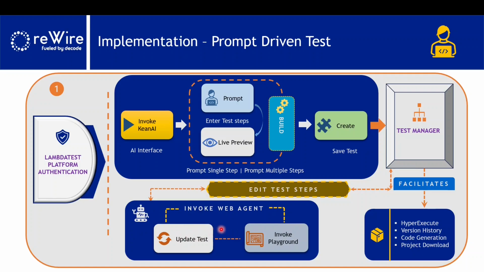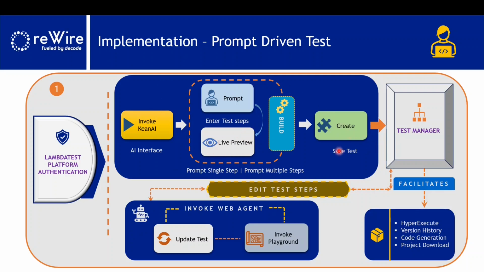I'll demo this entire process, but to make you understand the flow: it starts from the authentication, and the KaneAI interface will start, and then it will take the prompts as the steps, and the build process will be done. While you are building, you will see the live preview as well.